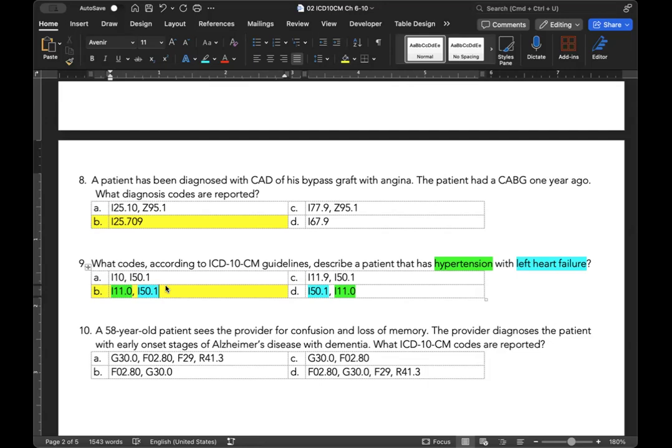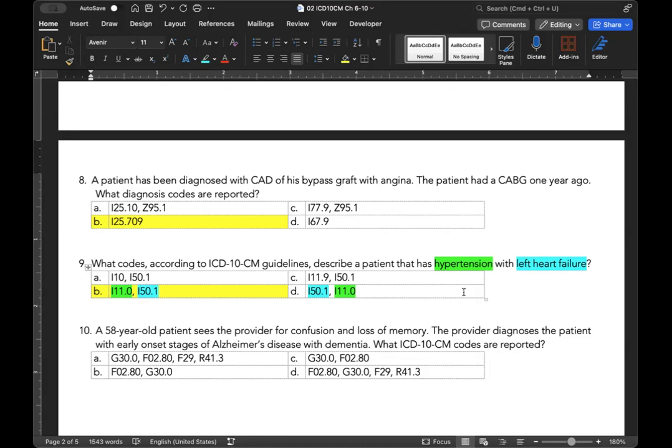Christy, what's your question, hon? I feel really dumb asking this, but how do we know that it's a hypertensive heart disease versus just hypertension, like high blood pressure, for instance? Well, because they're telling us that it's hypertension and not a high blood pressure reading.